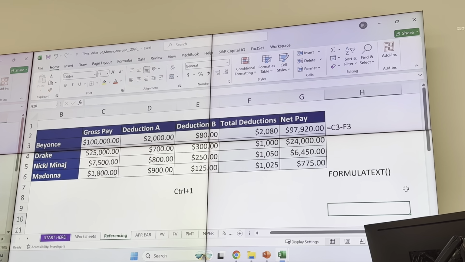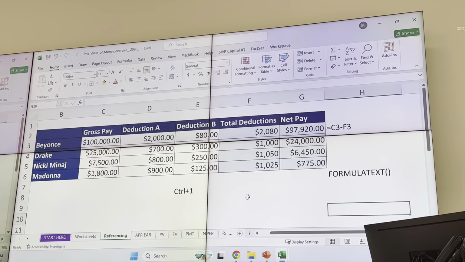So far, we were doing referencing, right? This referencing was C3 minus F3, right? This is called relative referencing. What is absolute referencing?